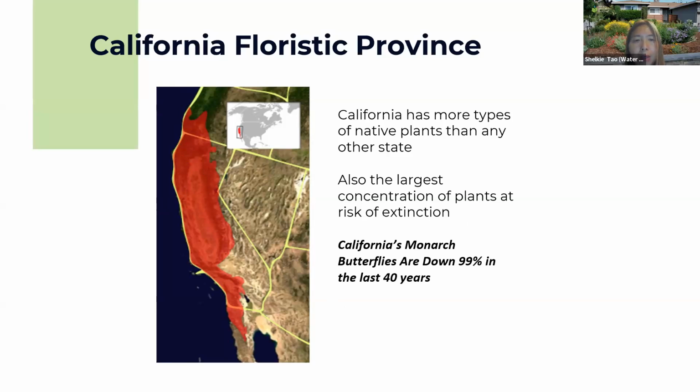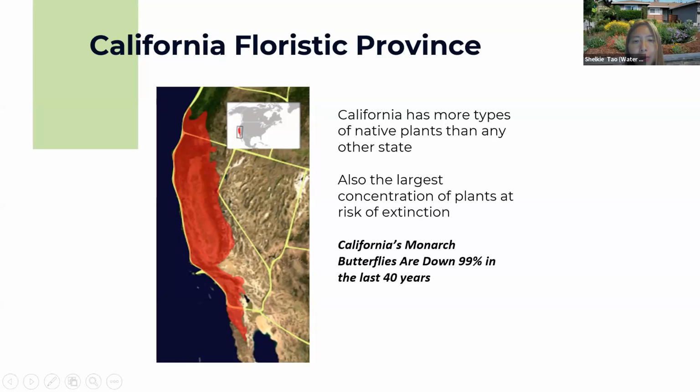Actually, California has the most plant species of any state in the United States. But on the other hand, we have also lost 70% of that. That's another big reason we should try to use as many native plants in our gardens as possible.